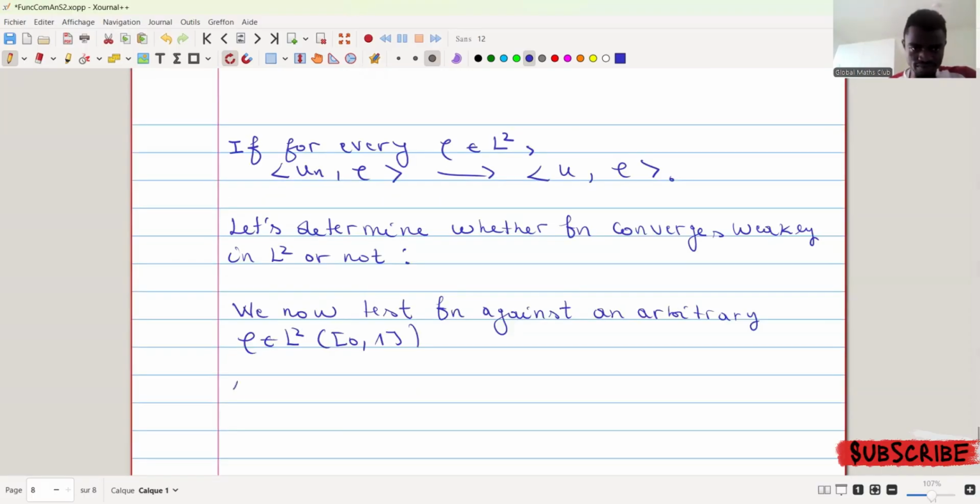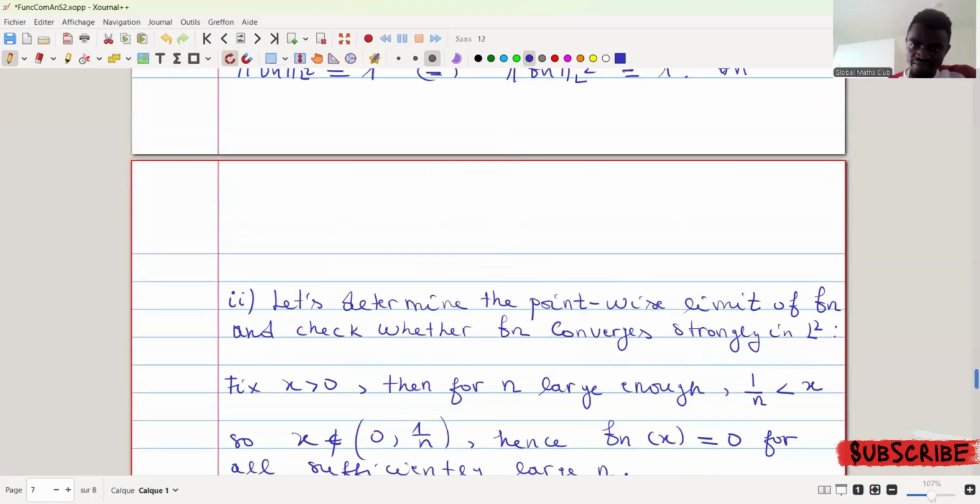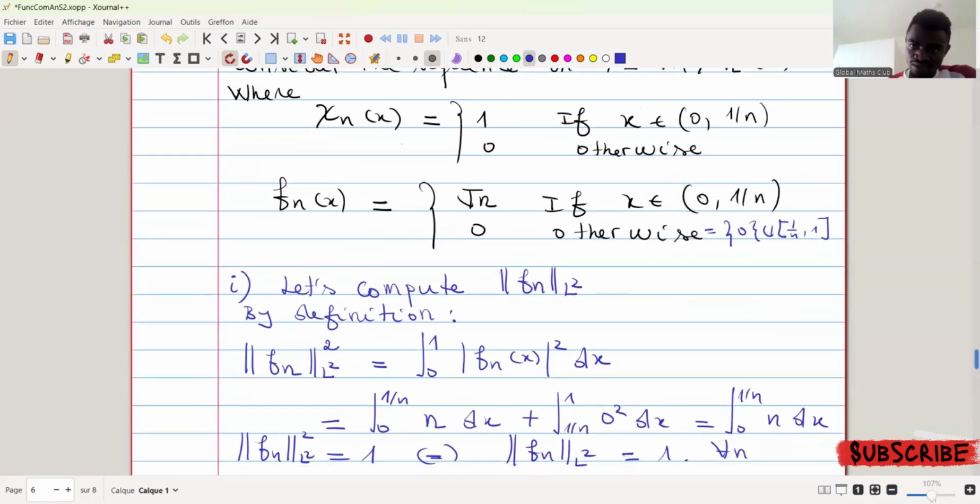So Fn with phi, what do we have? The integral from 0 to 1 of Fn of x phi of x dx. Don't forget the way that our f is defined. This is our f.